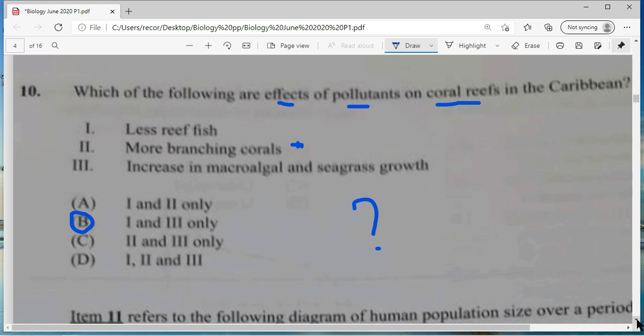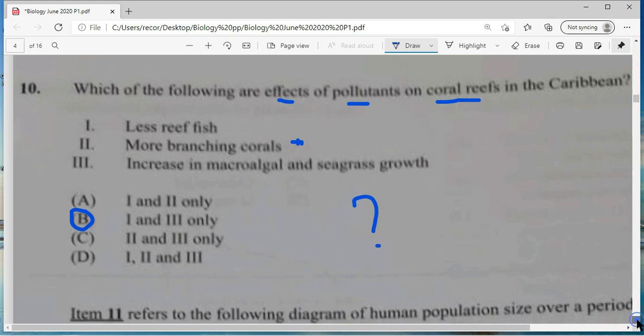Food won't be ideally available and that type of thing. So they are going to be moving on to an environment that is more habitable for them. I don't know about more branching on coral. We know about increased microbial and seagrass growth as there will be more nutrient in the water. So I selected there 1 and 3, B being the answer for question 10.